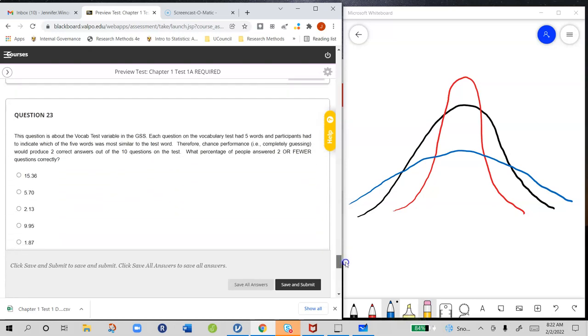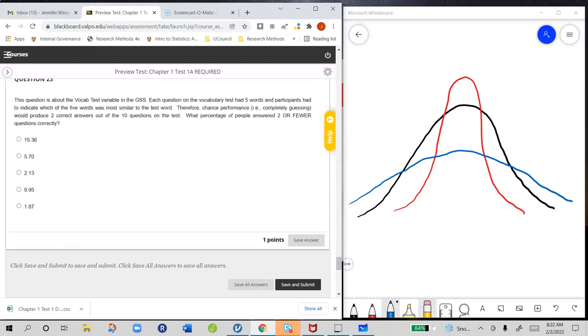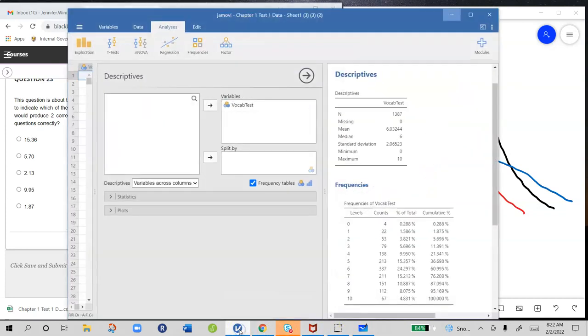Number 23, what percentage of people answered 2 or fewer questions correctly? Okay. So here, I want to look at the number of people who got 2 or fewer correct. So I'm going to look at level 2. We have 53 people who got 2 correct, 22 got 1 correct, and 4 got 0 correct.